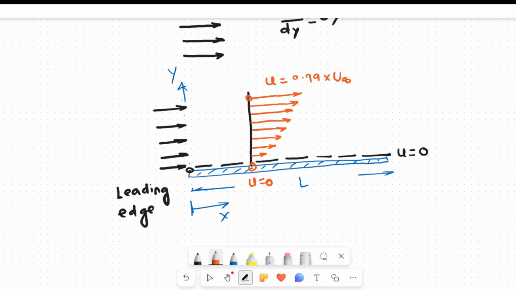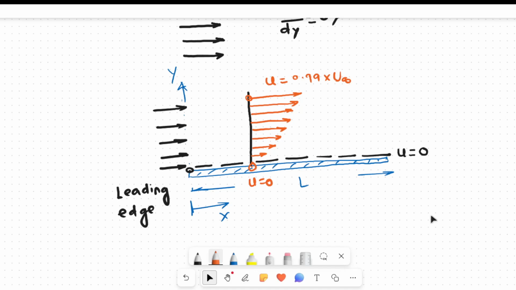So what we understood here is, as we go in the y direction, at any point along the length of the plate, we will find that the velocity will go on increasing, and at some location, at some value of y, the velocity will be equal to the free stream velocity.